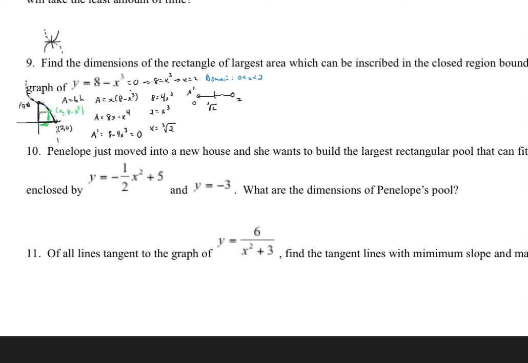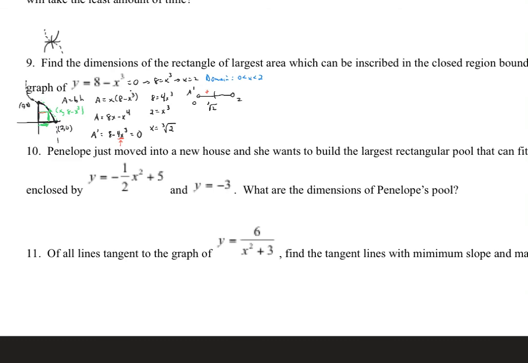Now, cube root of 2 is bigger than cube root of 1, and the cube root of 1 is 1. So if we plug 1 into our derivative, 8 minus 4 will be positive. Plugging in something bigger, I think we can see that at cube root of 2, that's where 8 minus 4x cubed will be 0.